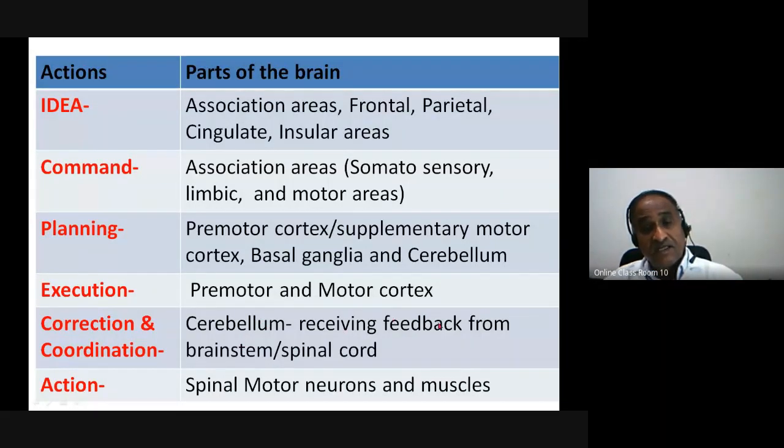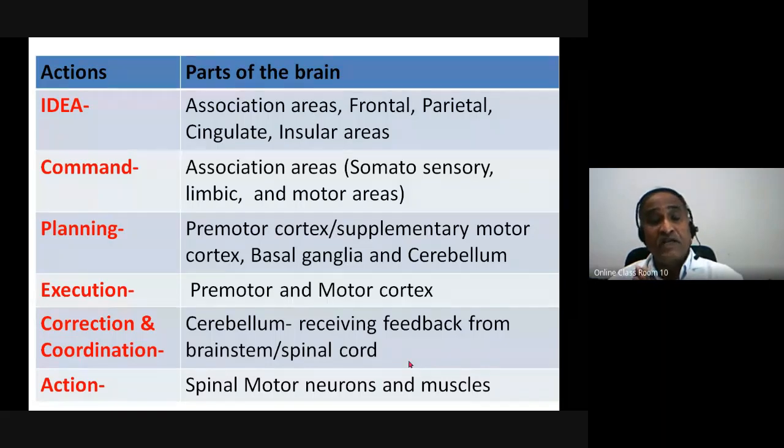The cerebellum receives a feedback signal from the brain stem and the spinal cord. When the muscle contracts, the proprioceptive inputs reach back to the spinal cord and, through the dorsal and ventral spinocerebellar tracts, reach the cerebellum, which tries to correct and coordinate the action. The final action is done by the spinal motor neurons: the alpha motor neurons for the muscle contraction, and for regulating the tone, the gamma motor neurons.